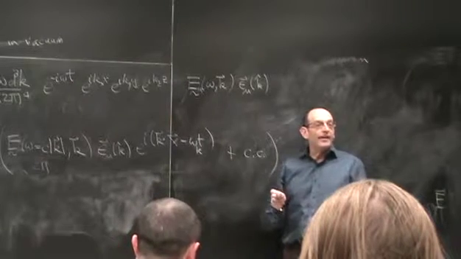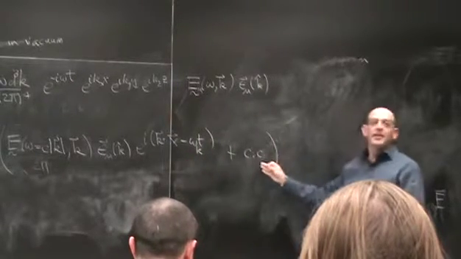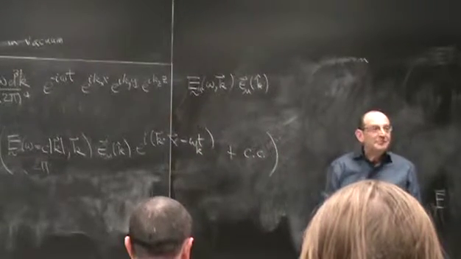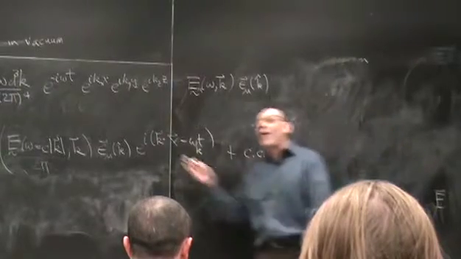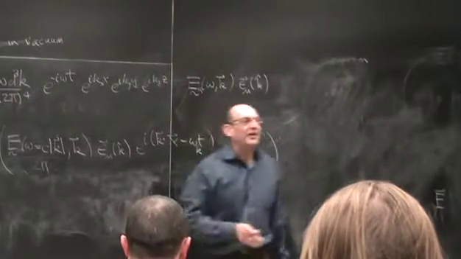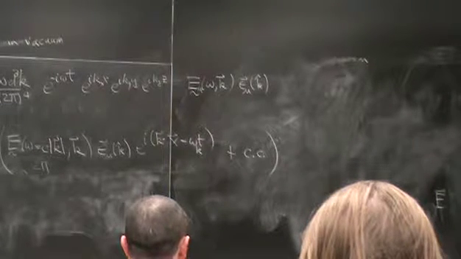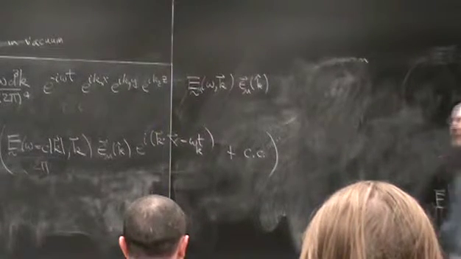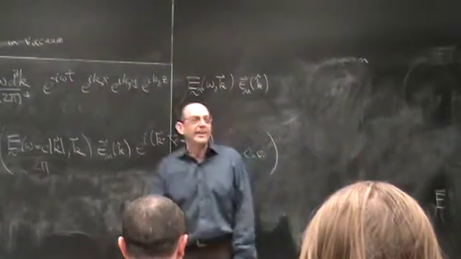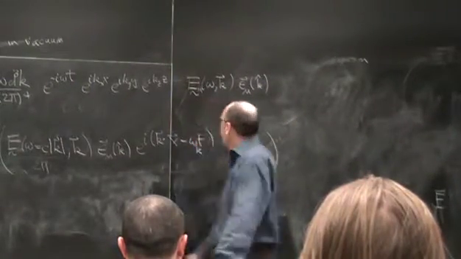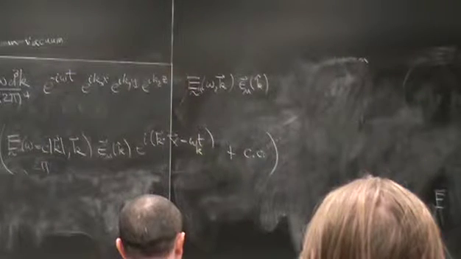Well, the real part is something plus its complex conjugate over 2. So there are these horrible factors of 2 floating around when you deal with positive and negative frequency components versus real and imaginary parts. Just a little warning for you that comes up from time to time.